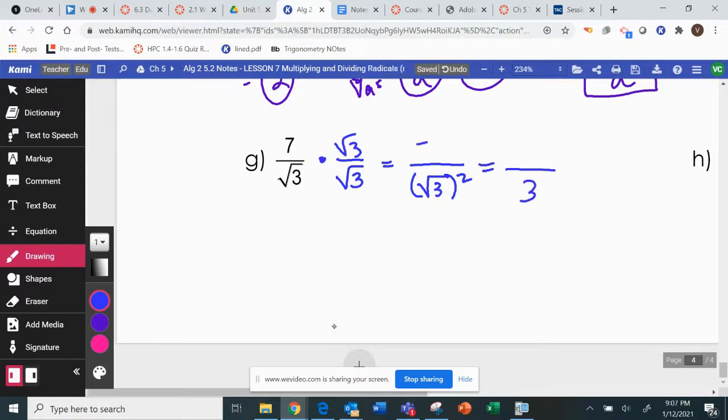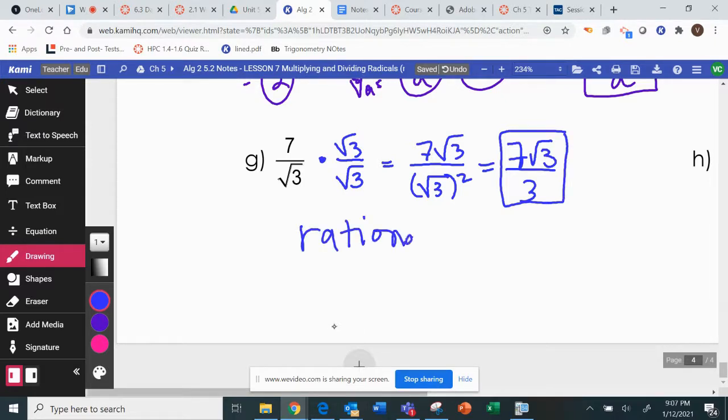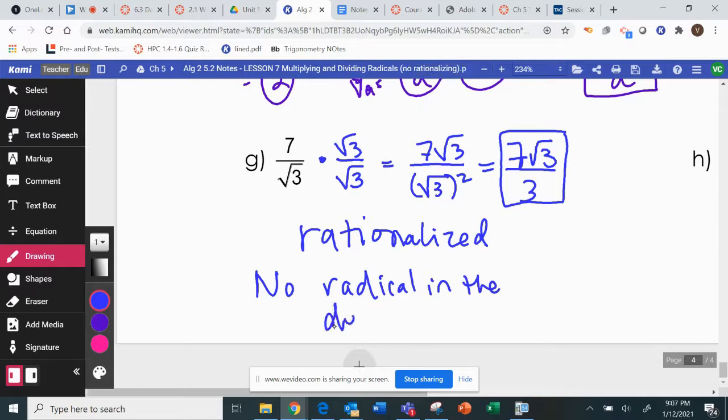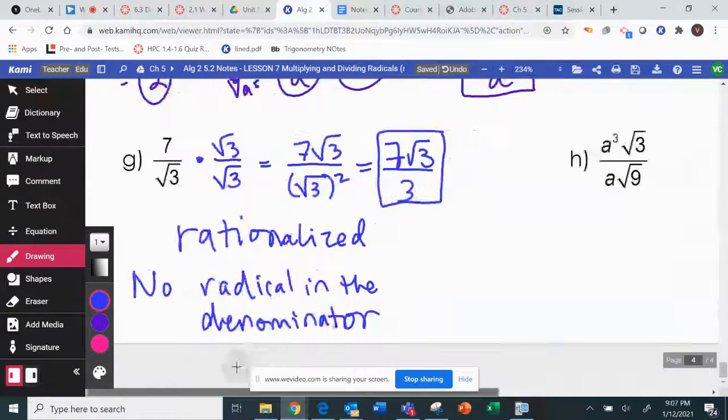On top, 7 square root 3. Can't really do anything with that. 7 square root 3 is the answer. So that's rationalized, which means no radical in the denominator. Now, we will do a whole section over that. So that was just one example.